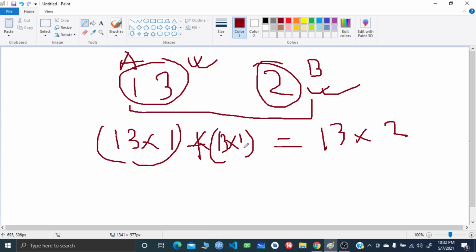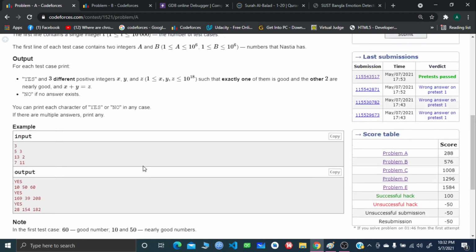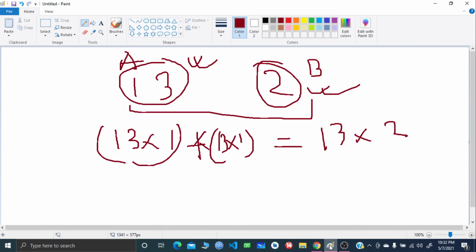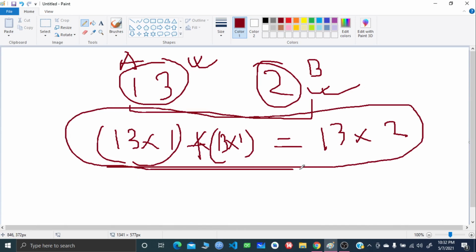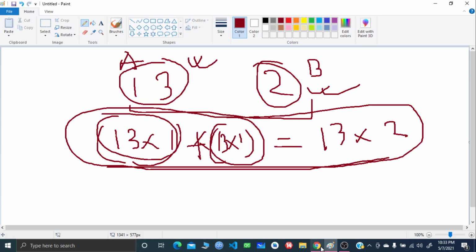So why is this not helping us? Because we have to create 3 different integers, x, y, and z, which should be distinct.